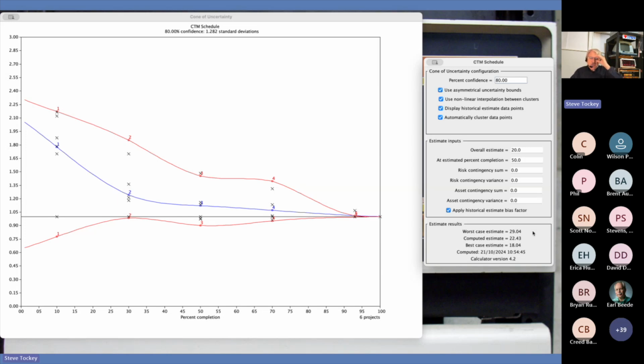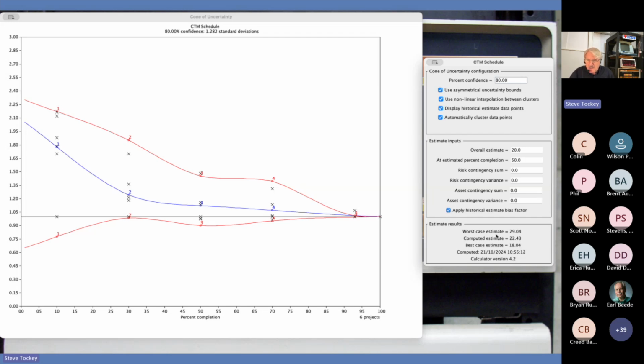Now, the other thing here is, as I said, this apply historical estimate bias factor. If we just continue to run projects the way we've always run projects, at this point in time we are underestimating by a certain amount. Now, suppose that I change how I'm estimating, and I believe that this change does in fact get rid of the bias.